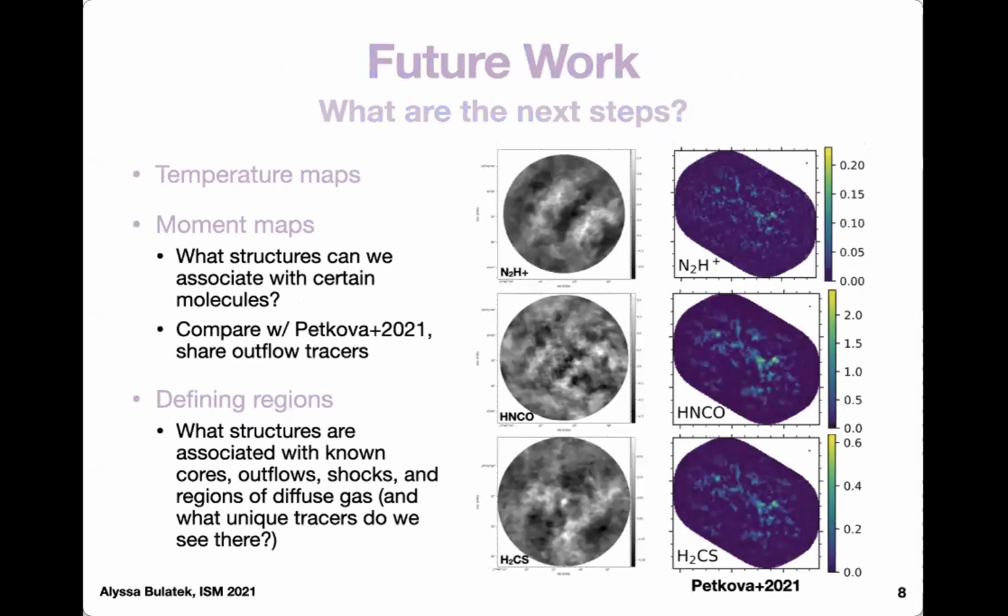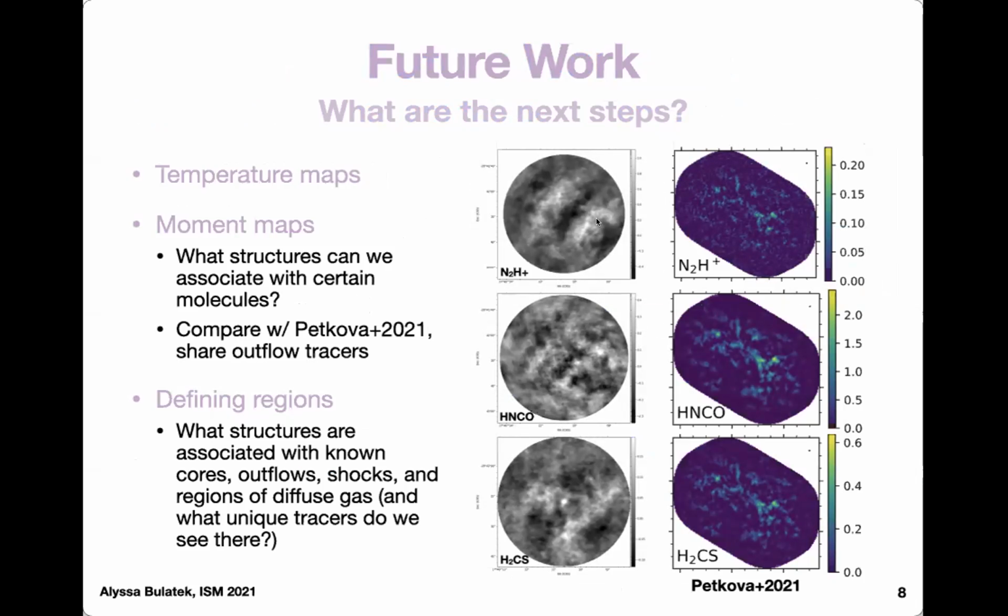Much of this project is still probably wrapped up in the future work category. So in addition to making temperature maps, one immediate next step is to make moment maps of some molecules. We have some preliminary ones in the gray circular figures on the left of the figures here. We can start to make some basic differentiations between different morphologies for different molecules.